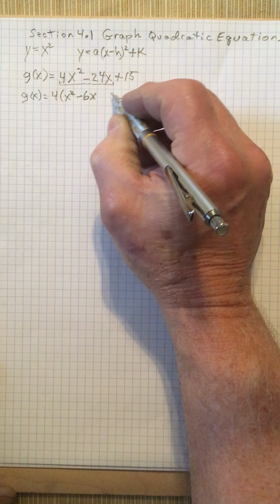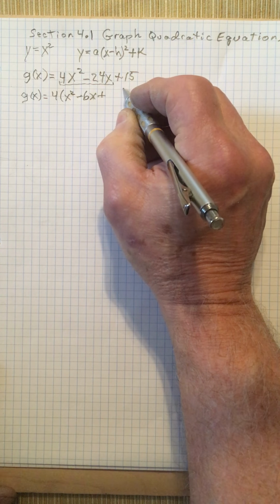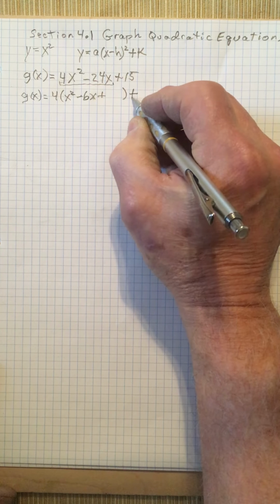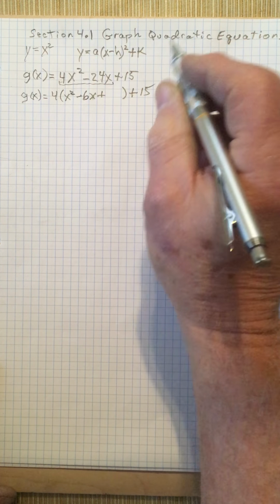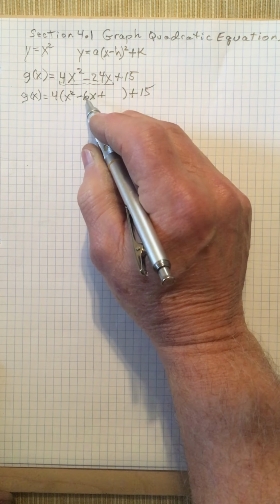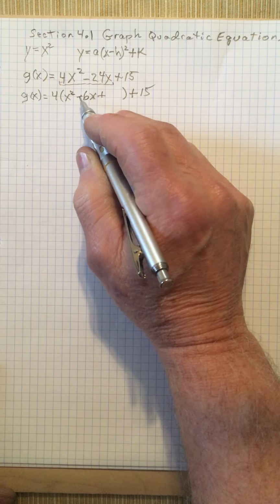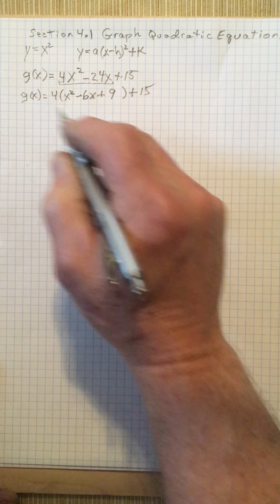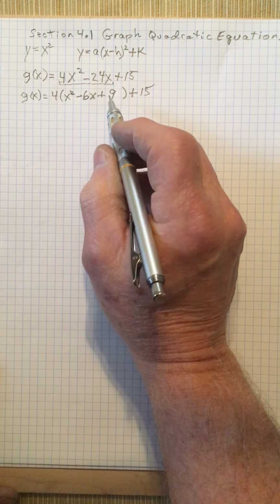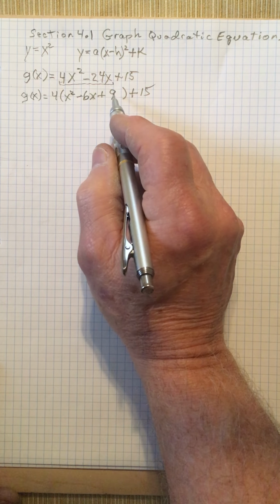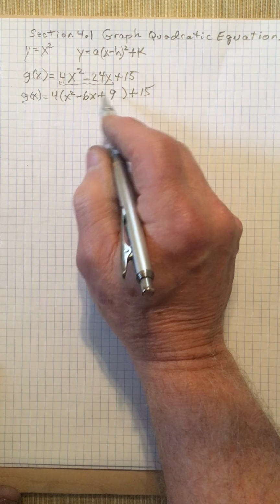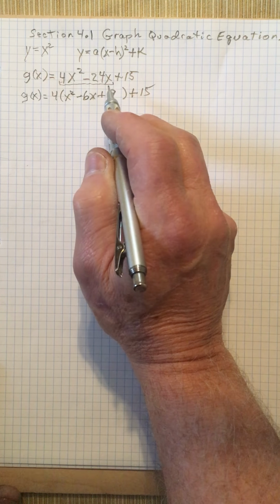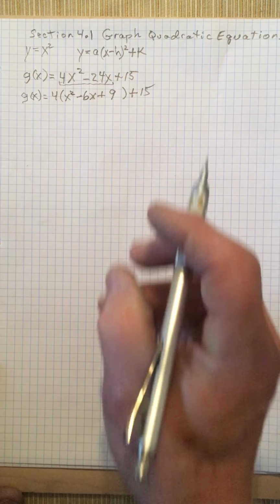Now, let's leave room for the number to complete the square. Half of 6 is 3, 3 squared is 9, so we would need a 9 here. Now this time we need to be careful. By adding a 9 to the equation, we actually added 4 times 9 to the overall equation. That's 36.